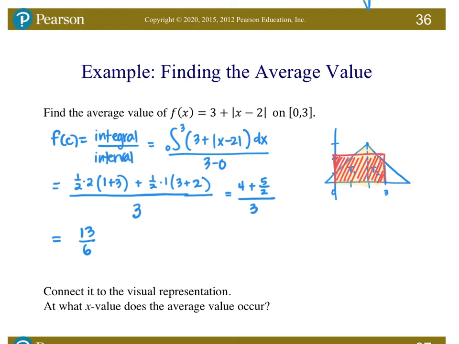So where does that happen? At what c value does that happen? So that's going to happen where the 13/6 intersects with the absolute value, 3 plus absolute value x minus 2. So we solve that.